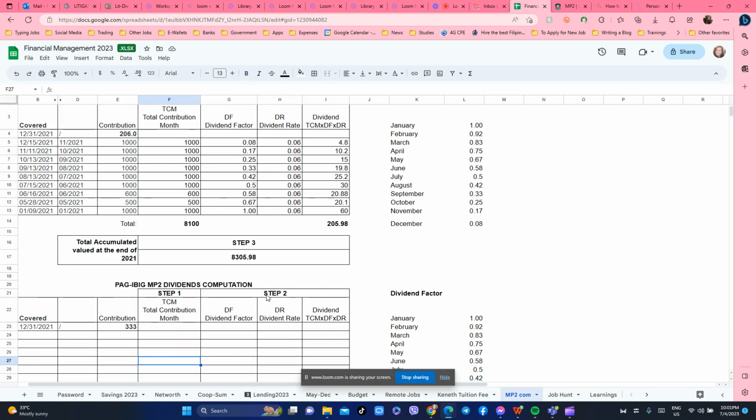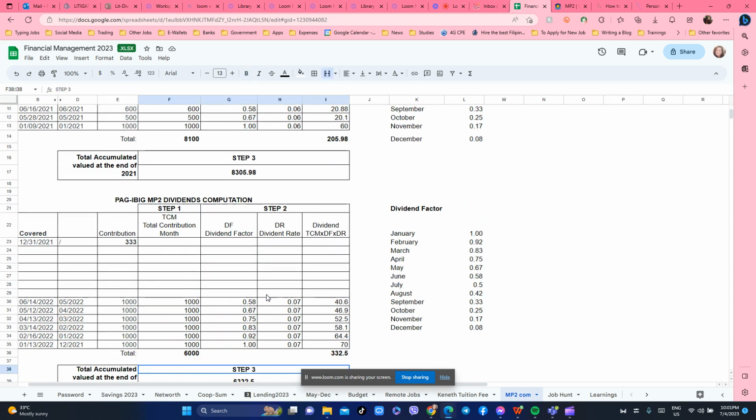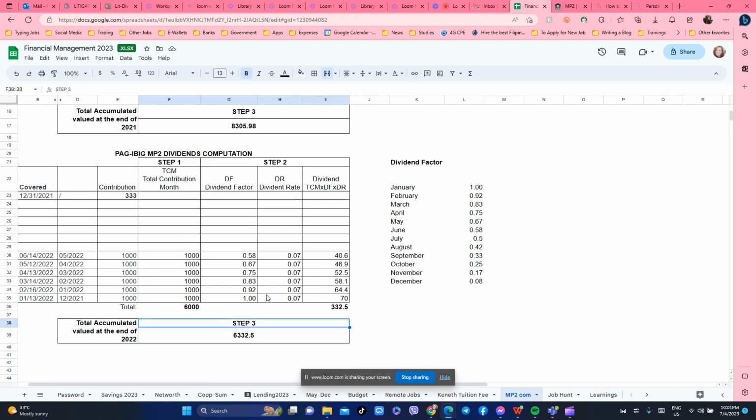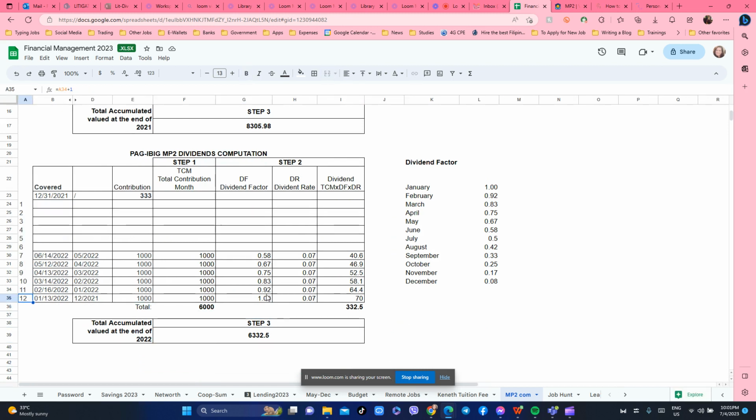So for the year 2022, I'm going to share with you. This one we started from January until June, because I have two accounts nga pala. This one is my personal account, and then the other one is a salary deducted account.